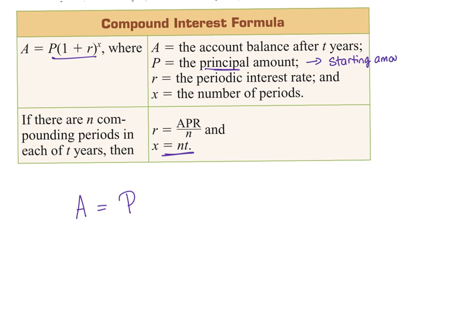Starting amount. And then we're going to say 1 plus, and this is going to be your rate divided by the number of times it compounds. And by that I mean, if it compounds quarterly, that's going to be 4 times a year. If it compounds daily, that's 365 times a year. So this N represents the number of times per year that it compounds.